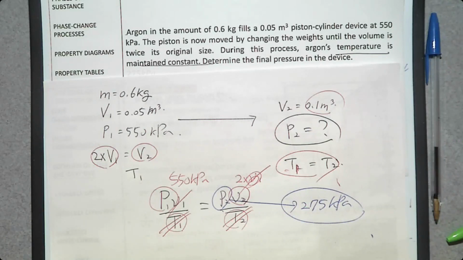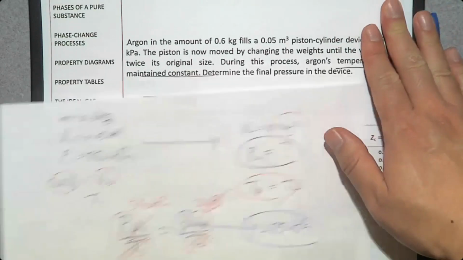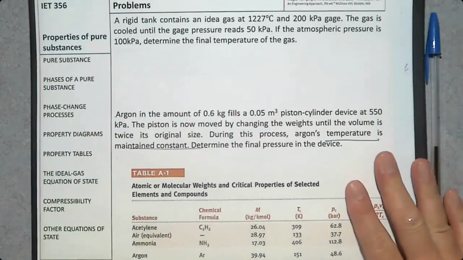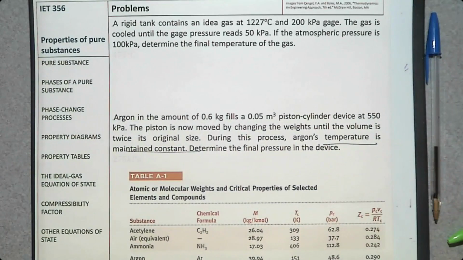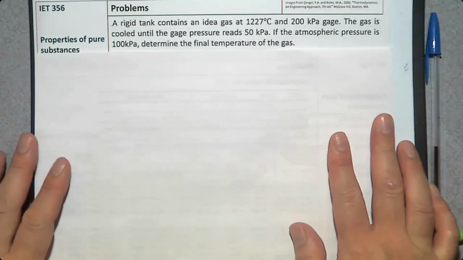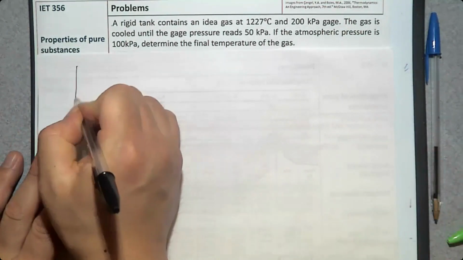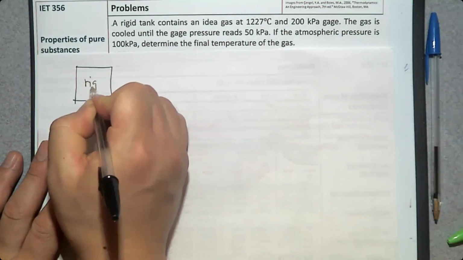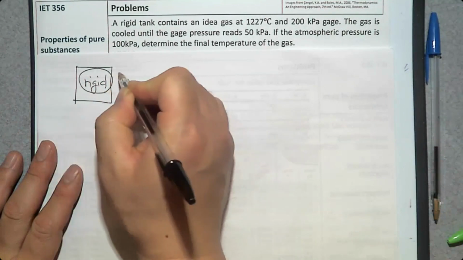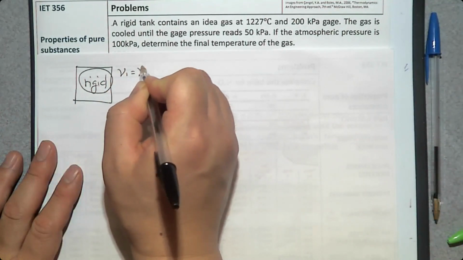Now the last problem, 10 minutes. We have a rigid tank. That means volume is constant. When you hear rigid container, that means volume is constant.